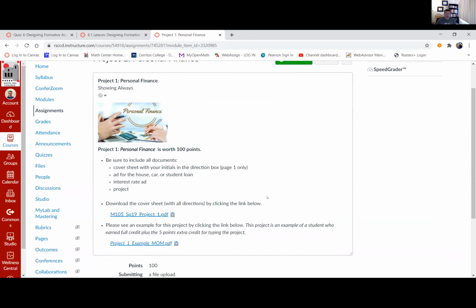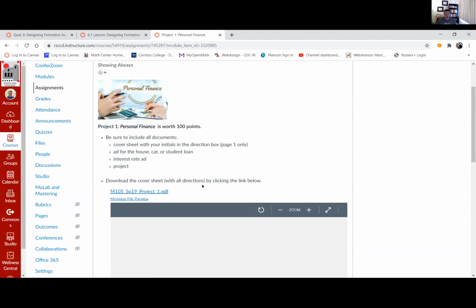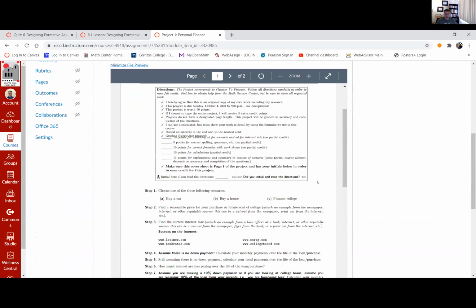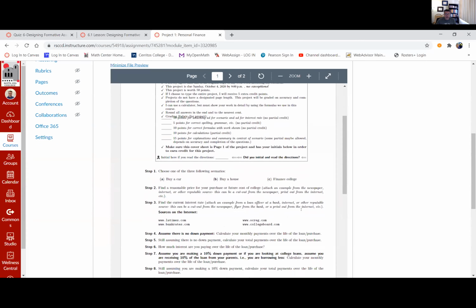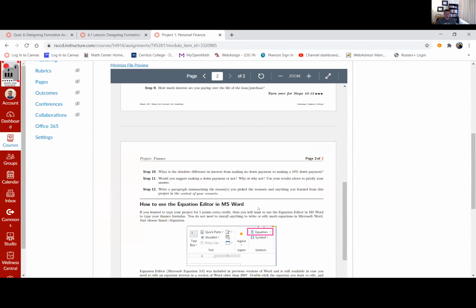It says download the cover sheet with all directions. This has all the directions that you need to do your project. Step 1, choose one of the 3 scenarios: buy a car, buy a house, finance college. Here are the sources that you're going to use, and you're going to go through steps 1 through 12 here.